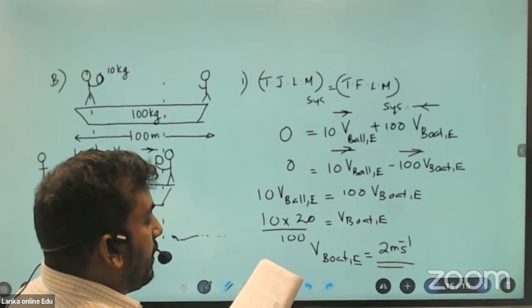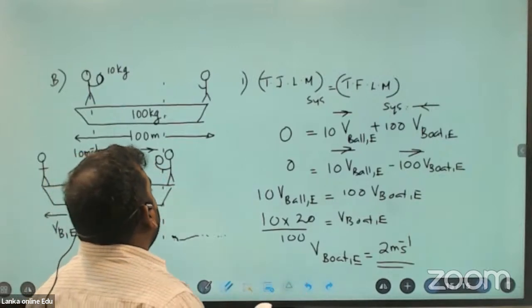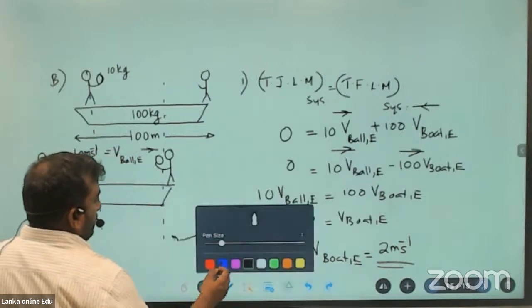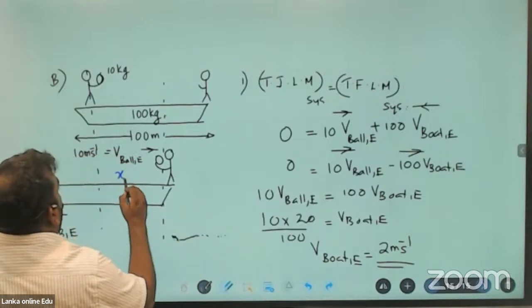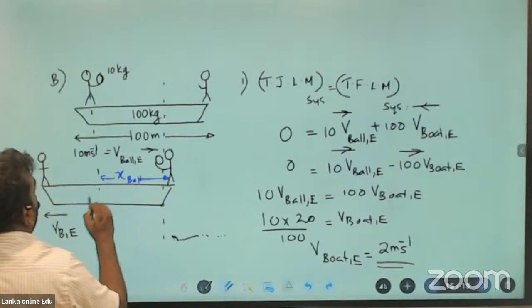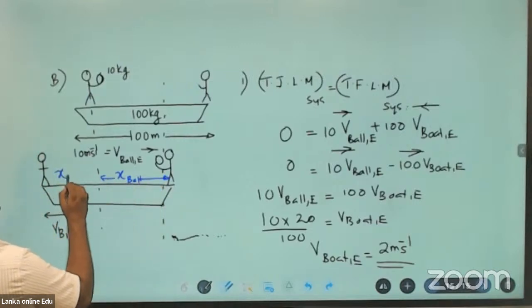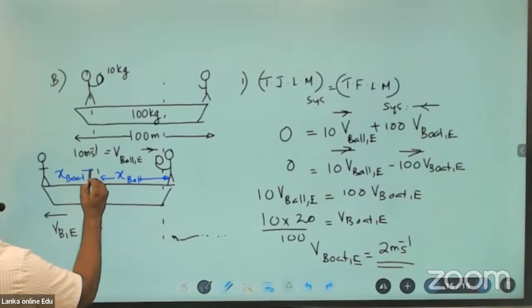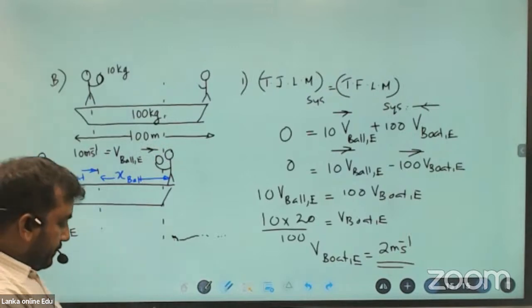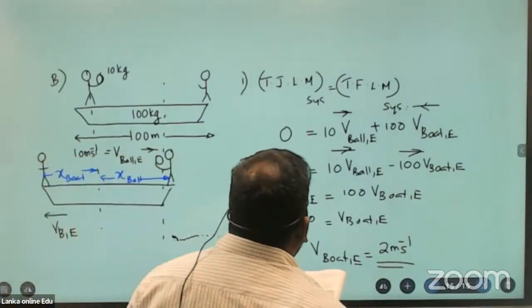Find the time taken by the other child to catch the ball. So now you must be very careful. Displacement of the ball. This is displacement of the boat. Displacement of the boat and the ball is 100 meters. Time taken.